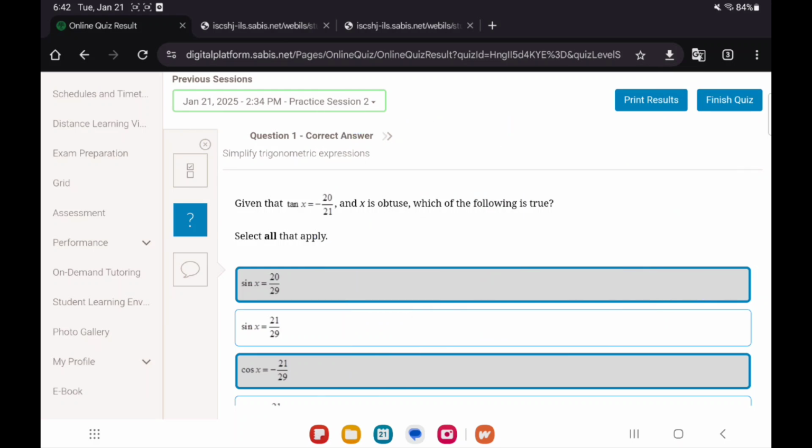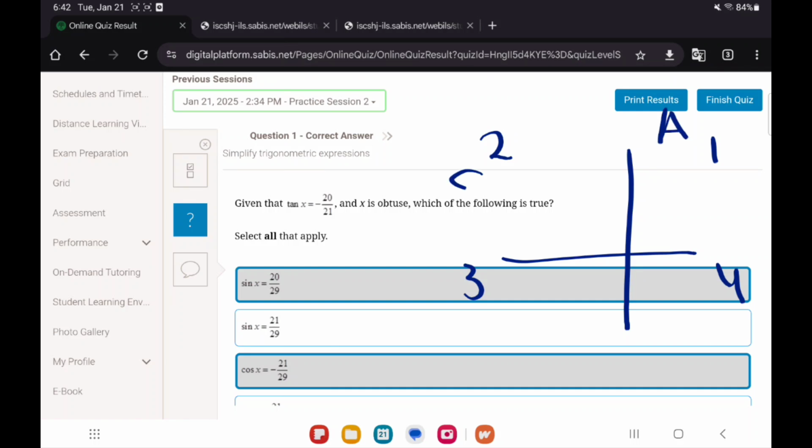So let's remember that. Let's draw the coordinate plane again. 1, 2, 3, 4. All students take chem, okay?